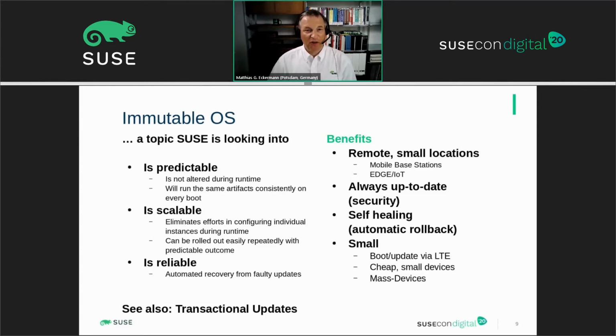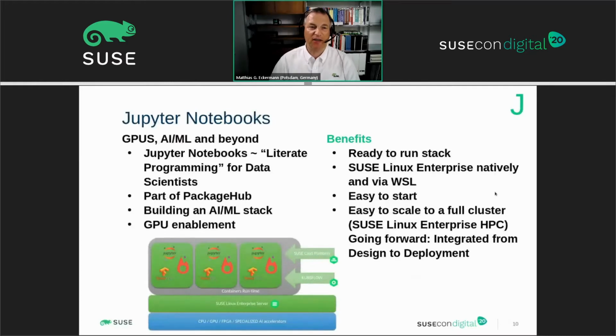But before, though, we go from I to J, and we go a little bit outside of the world of SUSE Linux Enterprise into the world of artificial intelligence and machine learning, of GPU computing. Jupyter Notebooks are a very interesting technology, which reminded me when I first heard about this, about literate programming.